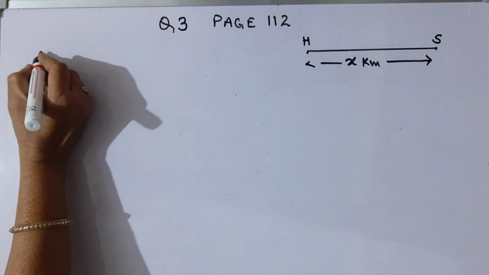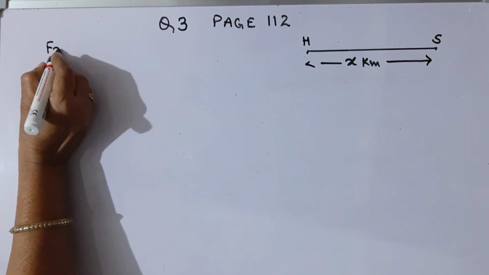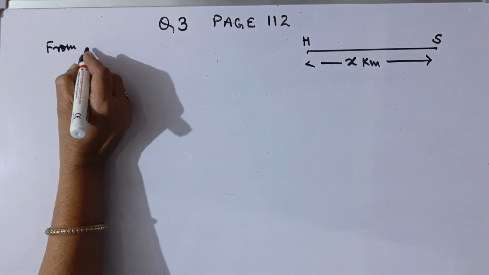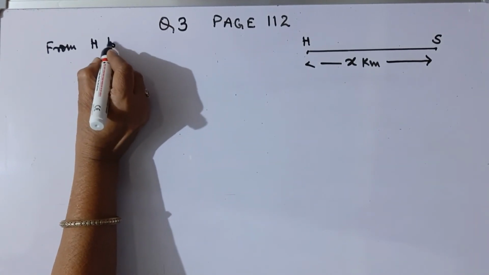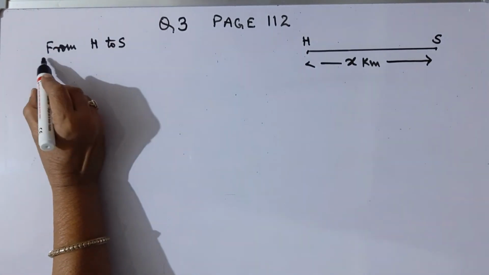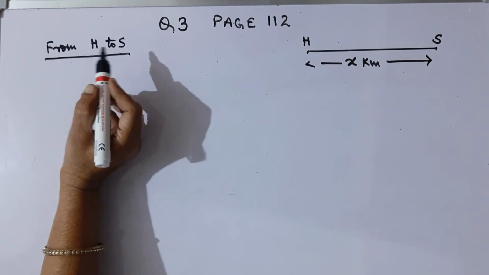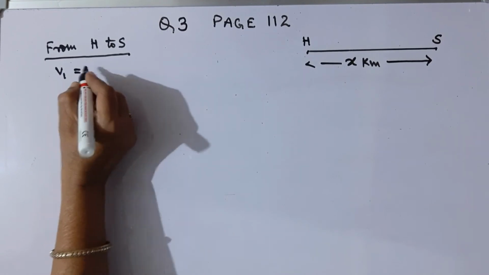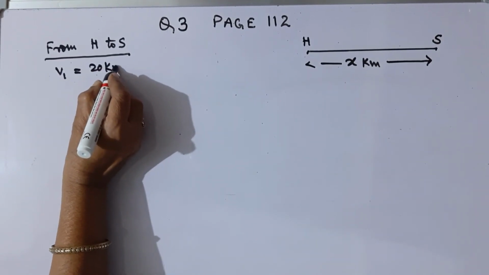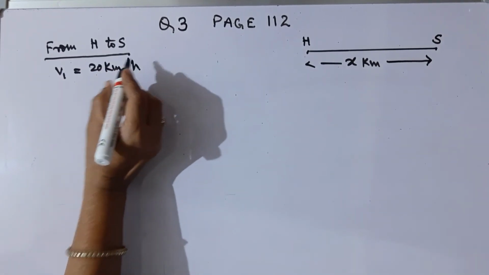Now for the first part, from home to school, that is from H to S, we have velocity V1 given to be 20 kilometer per hour.